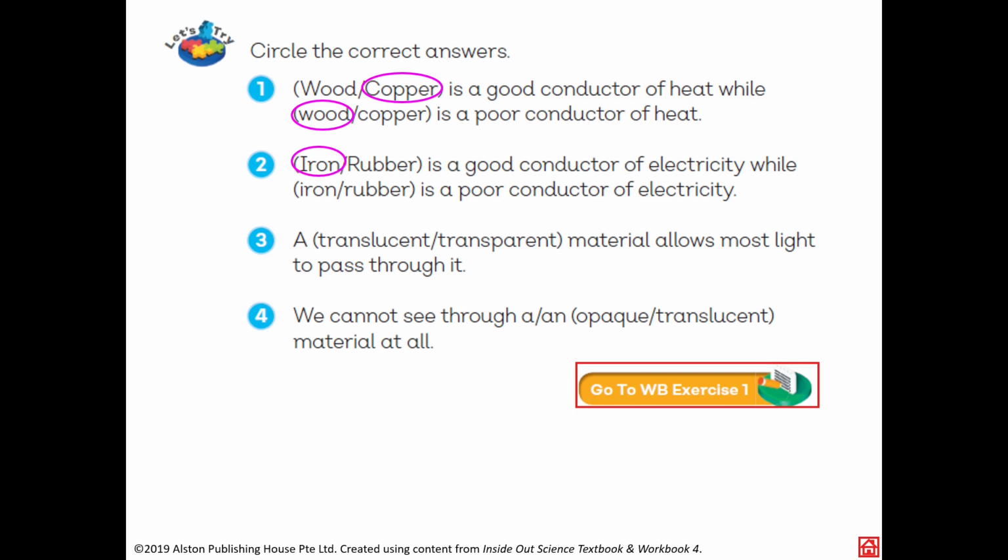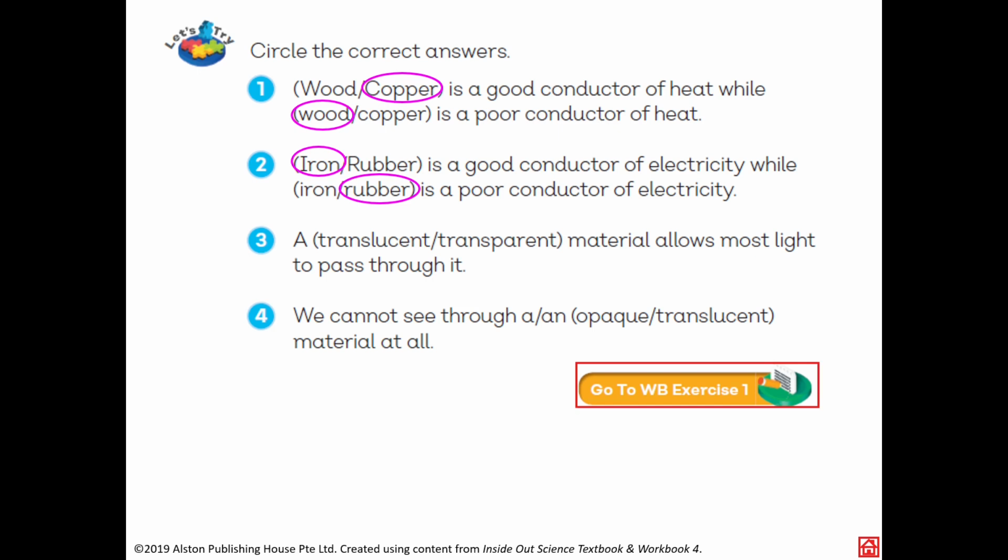Yes, iron is a good conductor of electricity because iron is a metal, and metals are good conductors. Next, rubber is a poor conductor of electricity. Remember that rubbers are good insulators. Therefore, they are poor conductors.